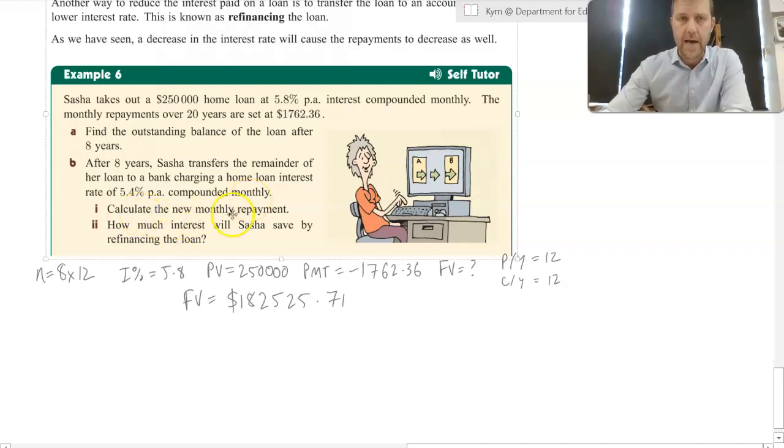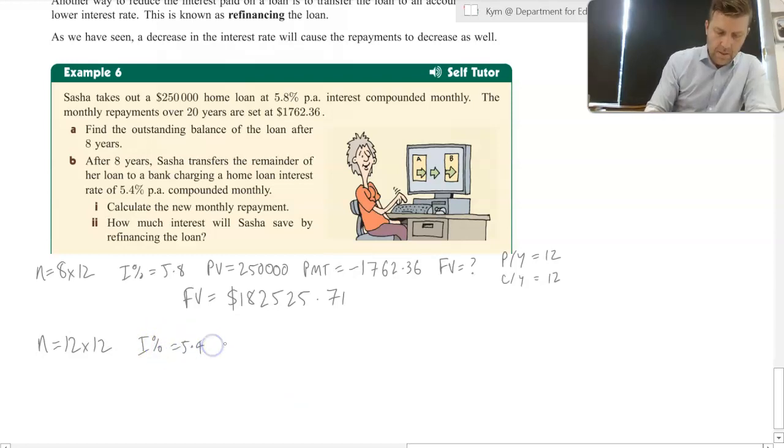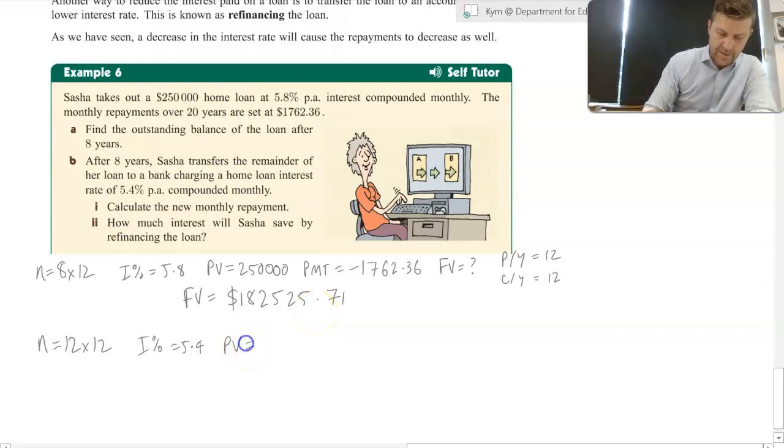So it says here to calculate the new monthly repayments if he still wants to pay it off in 20 years though. So there's still 12 years left in his loan, so we're going to make N 12 times 12, 12 years paying it off per month. Interest rate now drops to 5.4%. The present value is the amount that's still owing, so the amount we just calculated there. That's the present value that we're taking to the new bank, so $182,525.71.